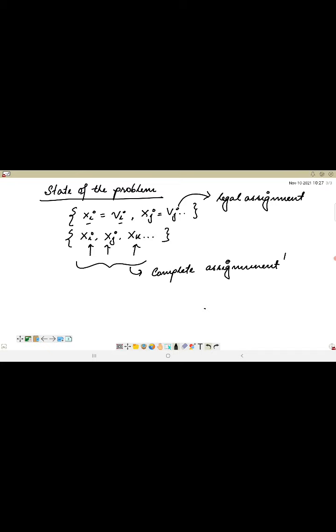The next important factor we have to discuss about a CSP is the solution to a CSP. We know what a CSP is and what the state of the problem is, and after we understand the state of the problem, we have to understand how we are going to solve it. The solution of a CSP is a complete assignment that satisfies all constraints.